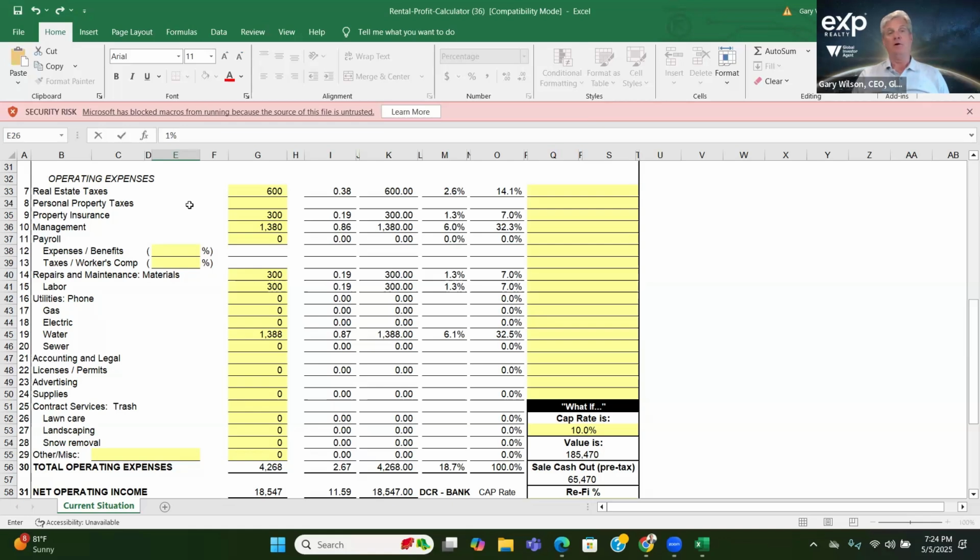Okay. And by the way, you also want to get something identifying any contract on the property for lawn care, snow removal, pest control, things like that. Let's say you have a commercial washer and dryer in your basement.